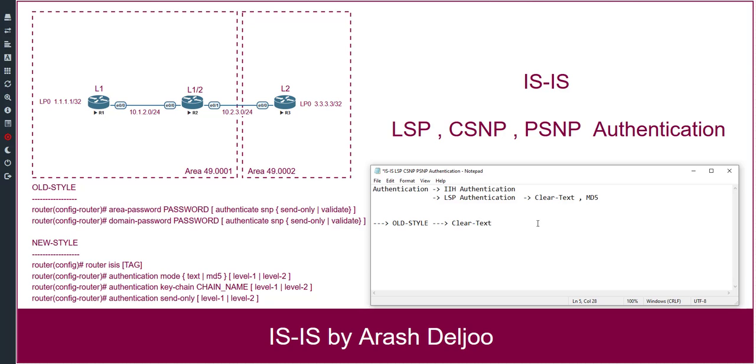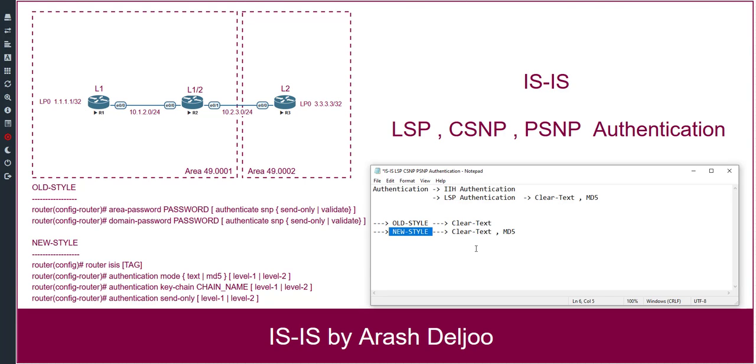But in the new style configuration of the LSP authentication, we can configure both the clear text and also the MD5 keys for LSP authentication. It's better to configure only MD5 with the new style of configuration, but let me show you all of the methods in this video.